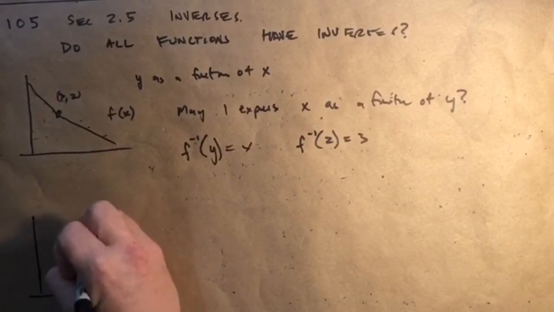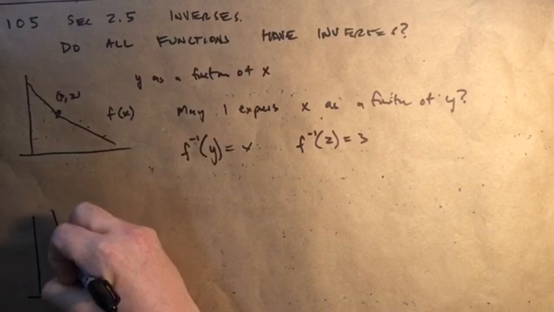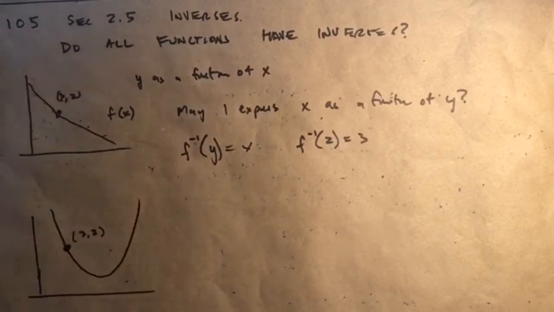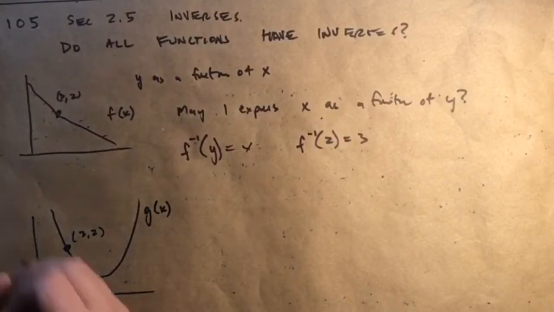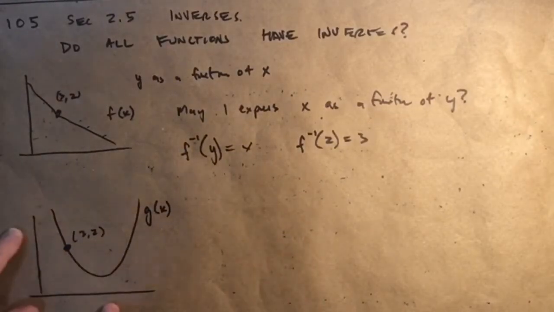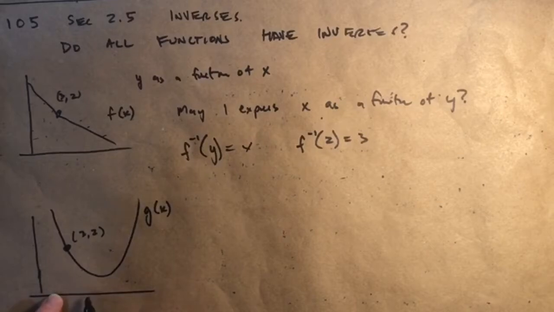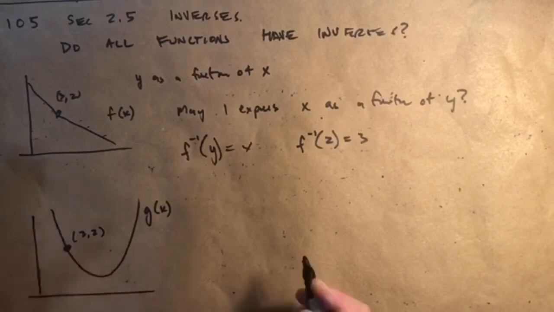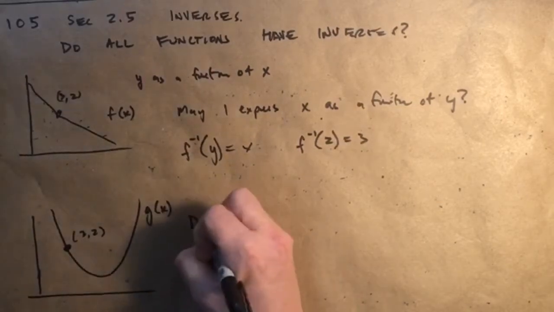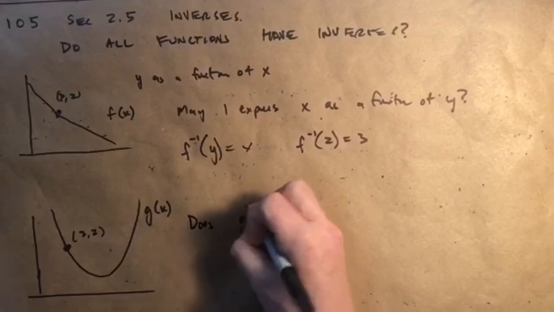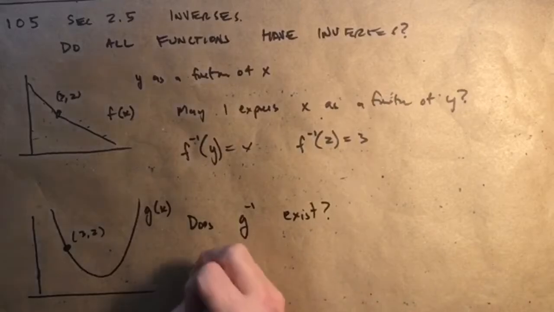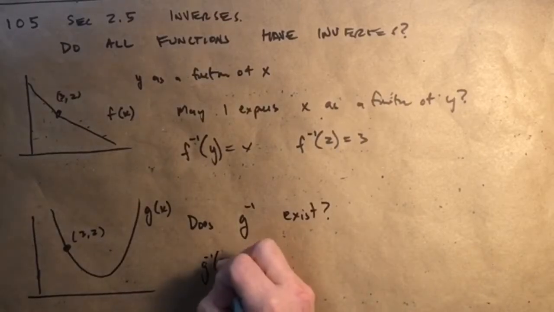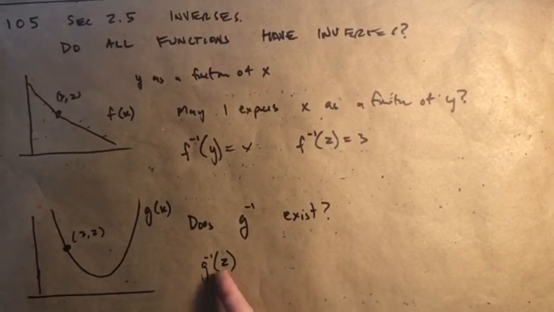Let's use that same point (3, 2), and now let's do something like this, and let's call this g of x. Right now, certainly, y is a function of x. For every single x value, there is only one y value associated with it. But does g inverse exist? If I say g inverse of 2, mind you, that is a y value.